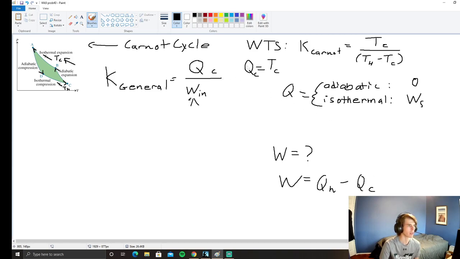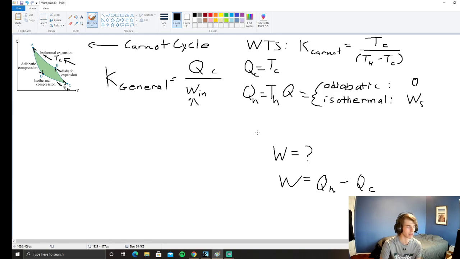Well, we already figured out that QC is equal to TC, so now we just need to find out what QH is. If we do that, the same thing happens. We have a 0 plus a work, and the work we're getting is basically just the temperature change. So that ends up also being QH equals TH.